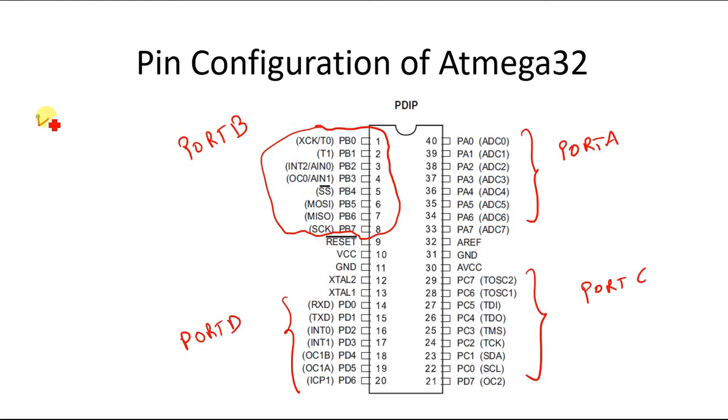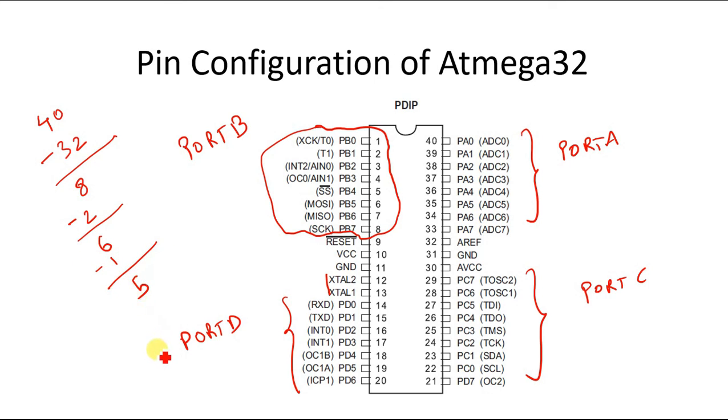Out of 40 pins total, 32 pins are utilized for input-output interfacing. All of port A, port B, port C, port D are 8-bit ports, each having 8 pins. So what will remain with us? 8 pins. Out of these 8 pins, 2 are utilized for connecting the crystal, as you can notice here. So what we are left with is 6 pins. Out of these 6 pins, 1 pin is given for reset.